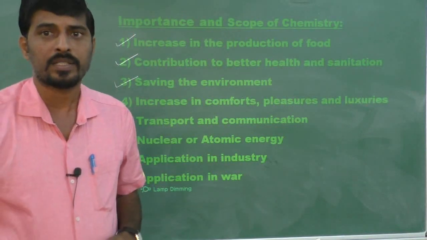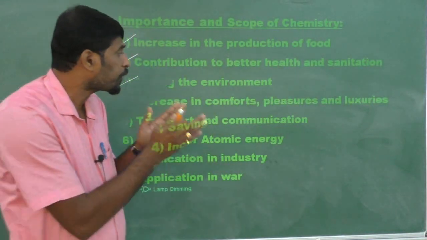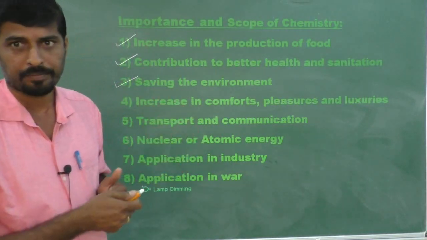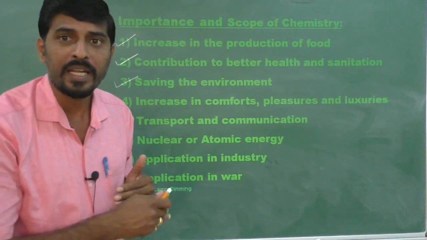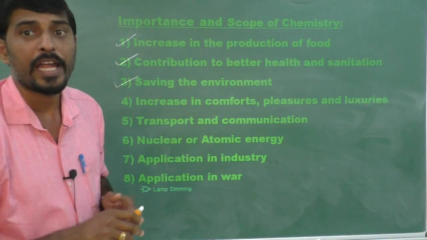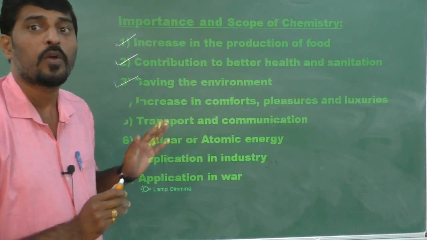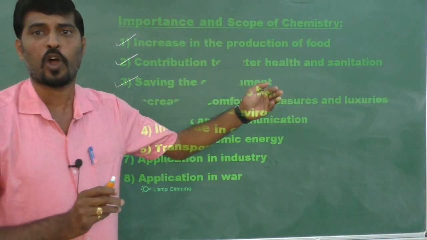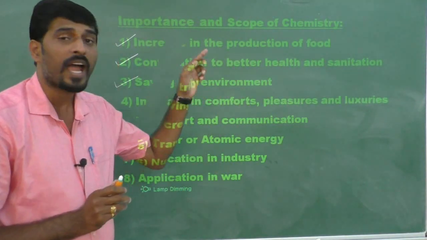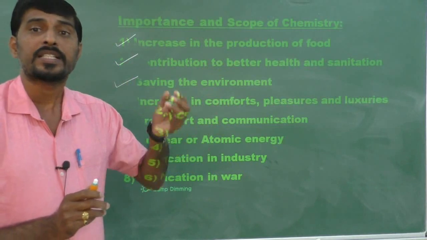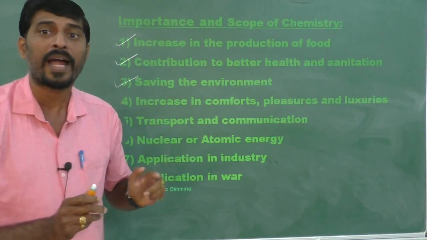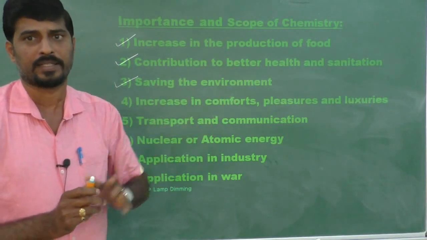Chemistry helps us provide a substitute for CFC so that it becomes eco-friendly. So many harmful chemicals are replaced by eco-friendly chemicals so that we can save the environment. In this way, chemistry saves the environment by substituting harmful chemicals with eco-friendly chemicals.